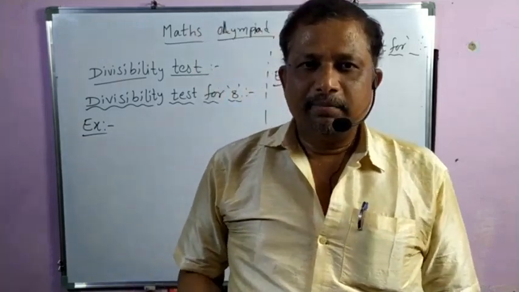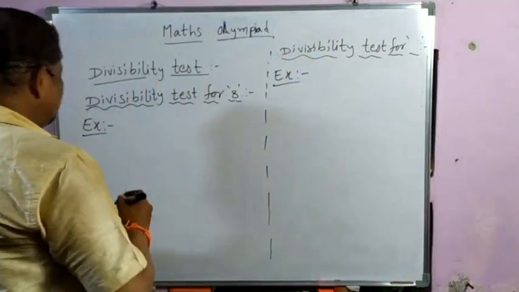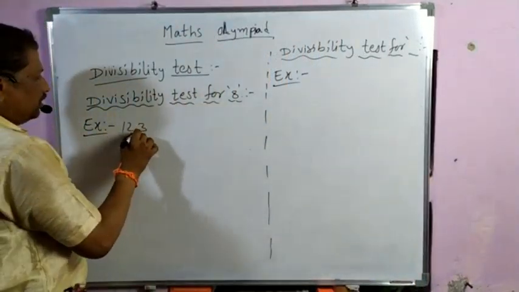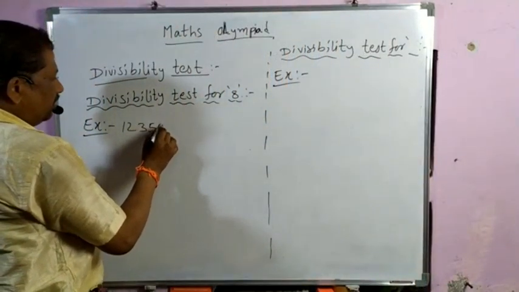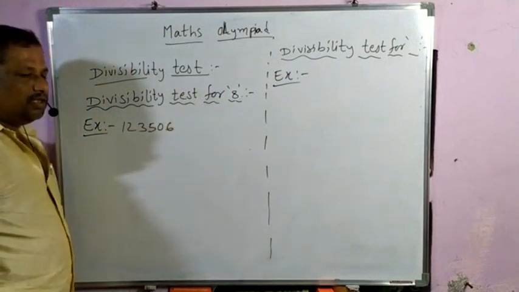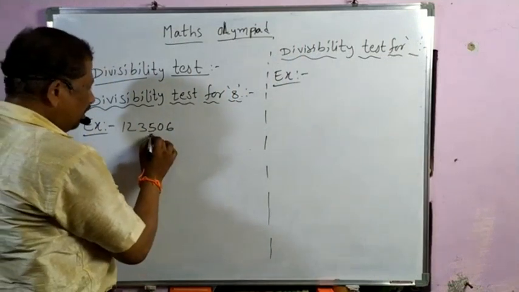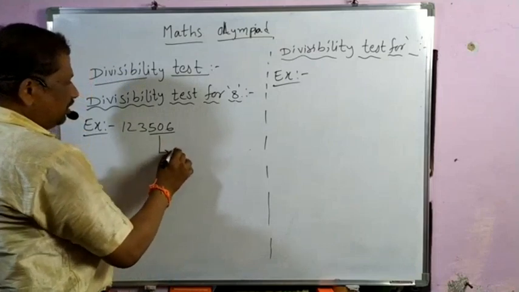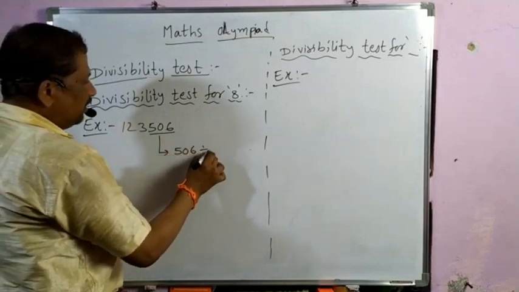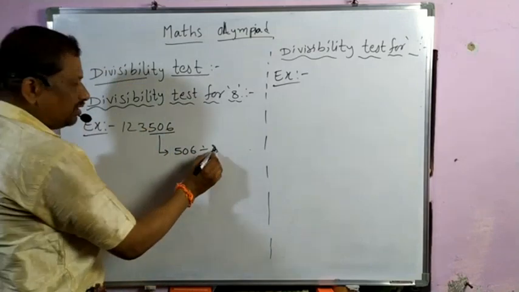Let us see by taking one example: 123506. In this number, we have to consider the last 3 digits. If these last 3 digits are divisible by 8, then the given number is divisible by 8.